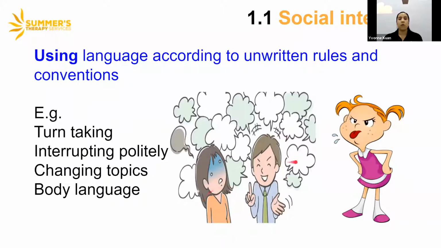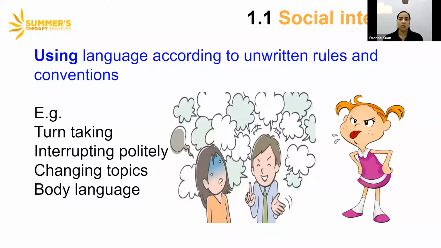You wouldn't keep going on and keep talking and then not know how to take turns to participate in a conversation. So you see, in this case, the girl will be going, oh dear, I have no idea how to participate, or it's too much at one go. So knowing how to use turn-taking skills, knowing how to interrupt politely according to the social norms that is accepted in your culture.